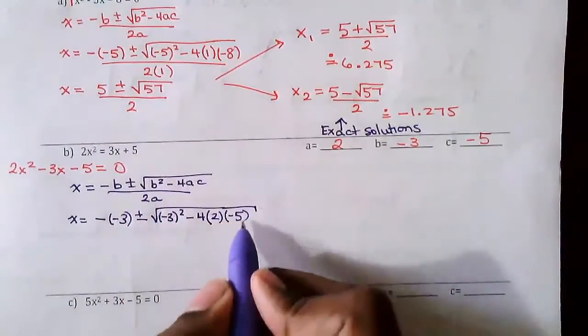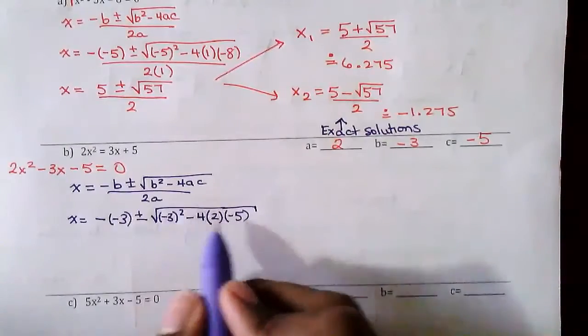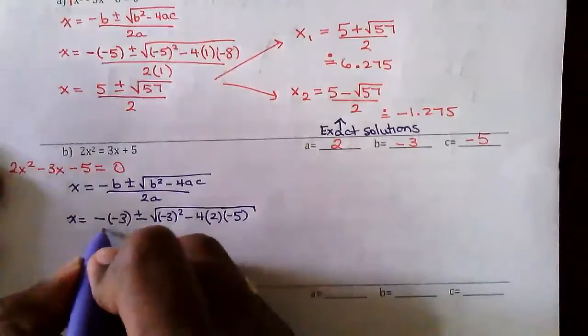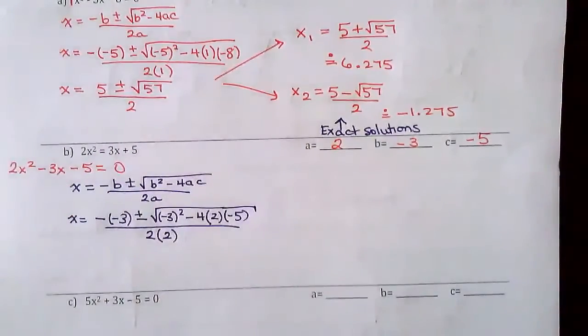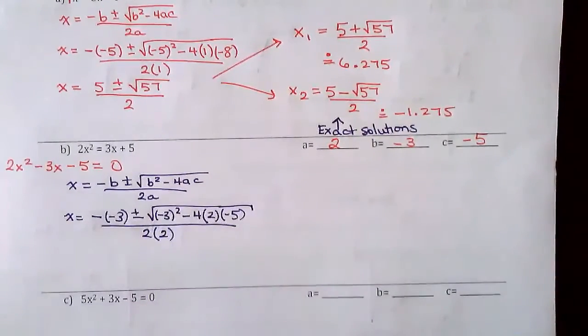You'll notice I keep extending the square root. That's because you need to make sure that all the values are underneath this square root sign. And all of this is divided by 2 times a, which is 2. As I mentioned before, it's really the values underneath the square root sign that require more math. So do that off to the side.